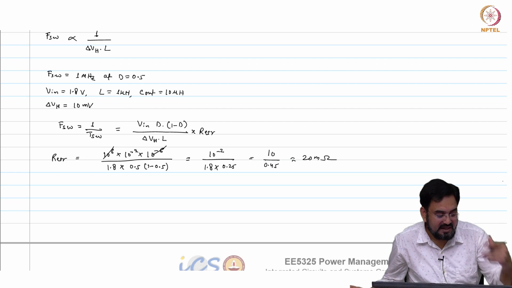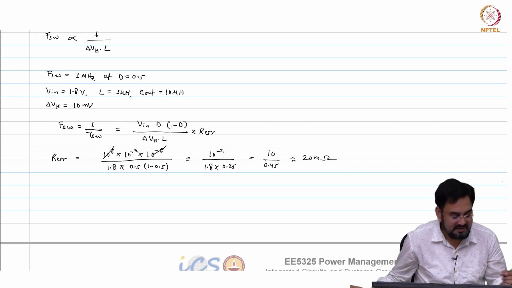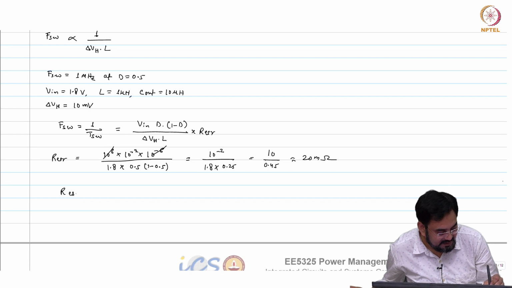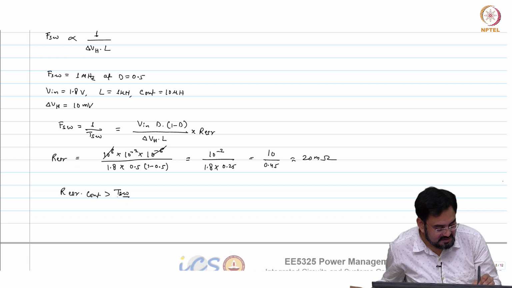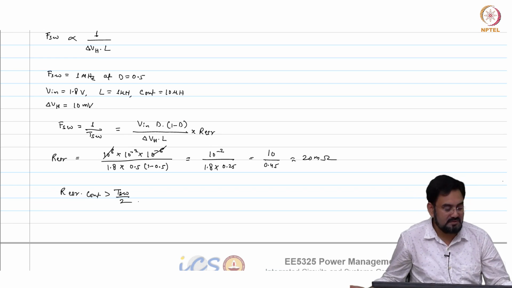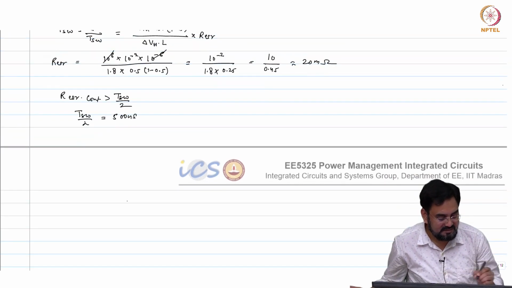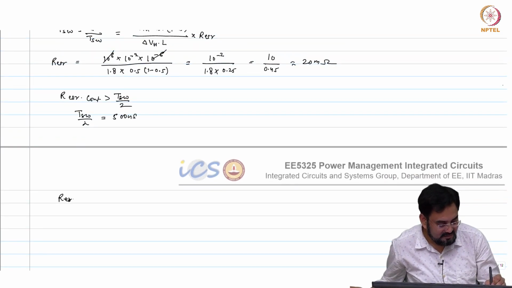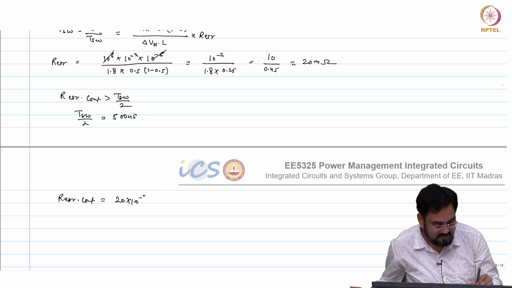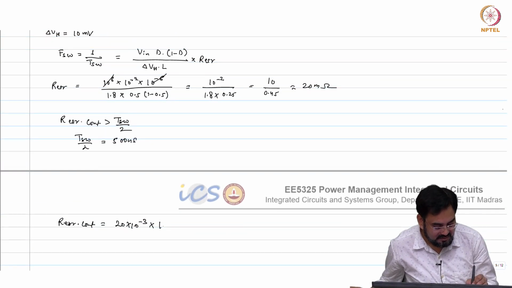So now let's see if RESR meets the condition we have, and we know that RESR into Cout should be greater than TSW by 2. So how much is TSW by 2? It is 500 nanosecond, and RESR into Cout equal to 20 into 10 power minus 3 into the cap, which was 10 power minus 5.